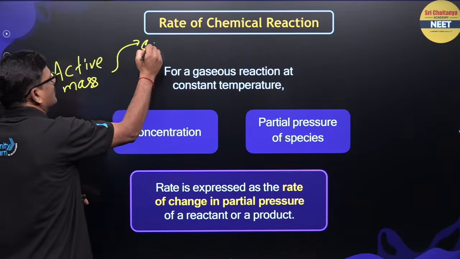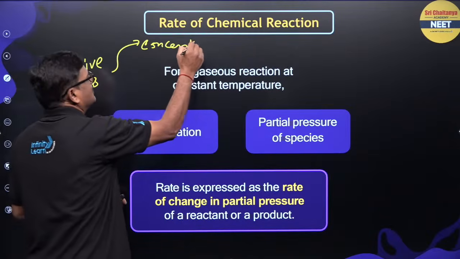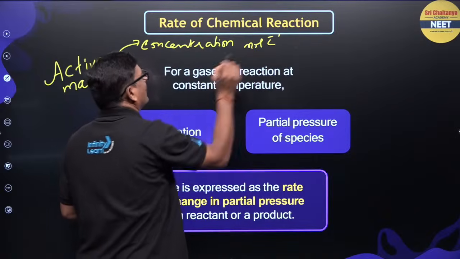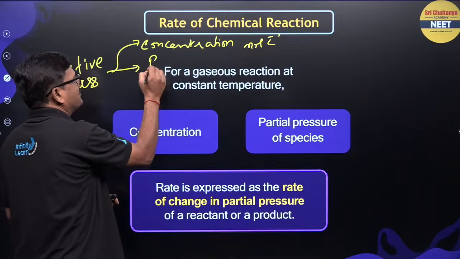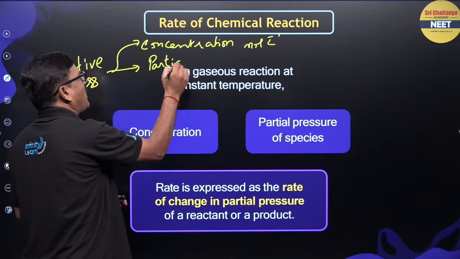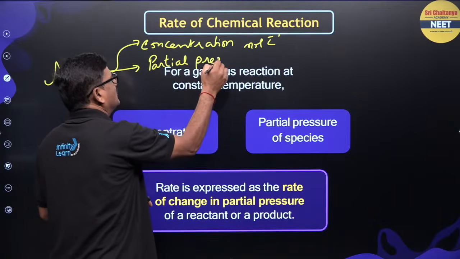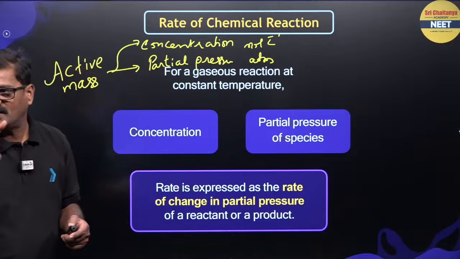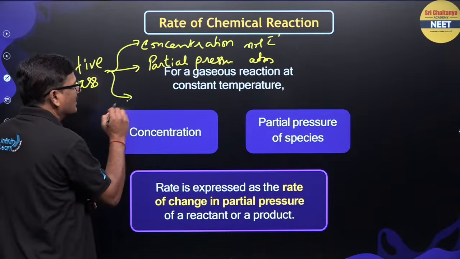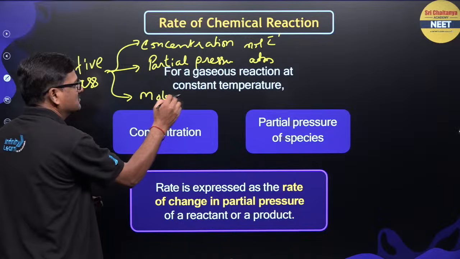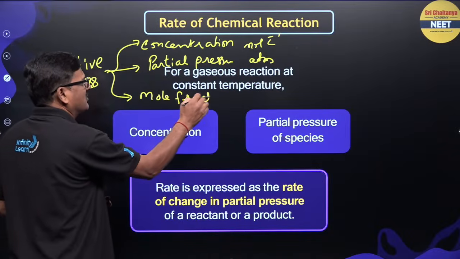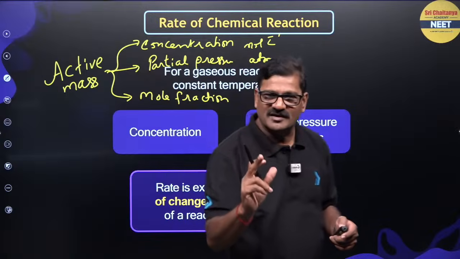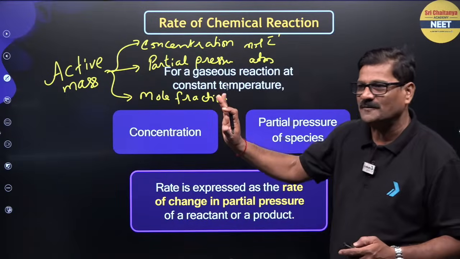This can be concentration, that is in mole per liter, or in terms of partial pressure, it could be atmospheres or mmHg, or it could be mole fraction as well. Anything is possible. Actually, this active mass is a concept you learned in chemical equilibrium, isn't it, बच्चों?